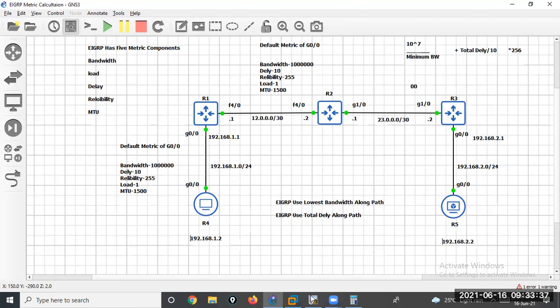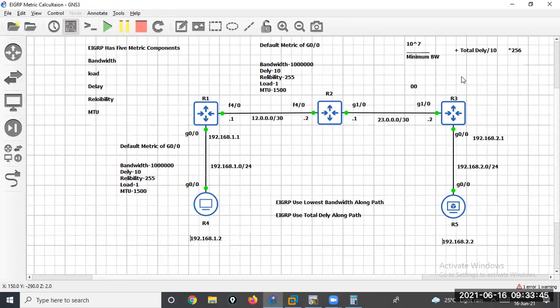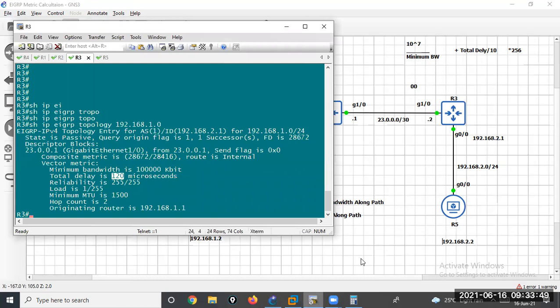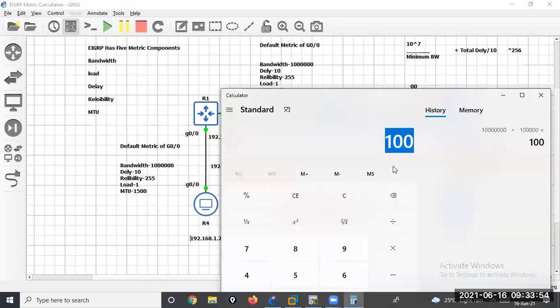What is the total delay here? The total delay is 120 by 10, which is 12. So 100 plus 12 is 112. Now 112 into 256. What is the value? 28672.